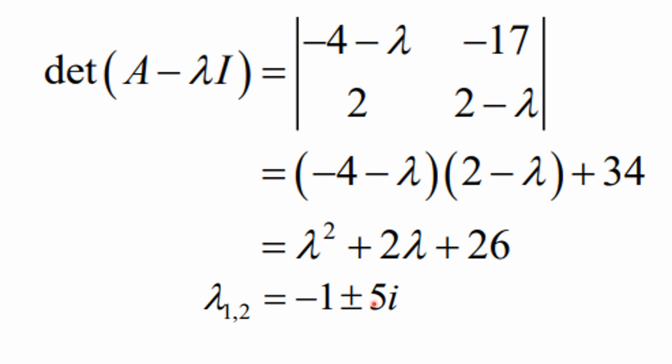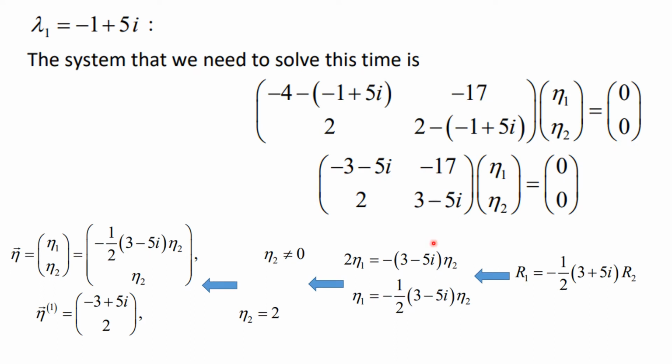So we have an imaginary component for this solution. And it works the same way though. So this is -4 minus lambda, this is 2 minus lambda, times a_1, a_2 equals 0. And we get this when we simplify all of that.